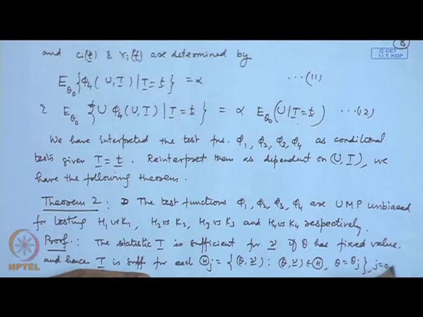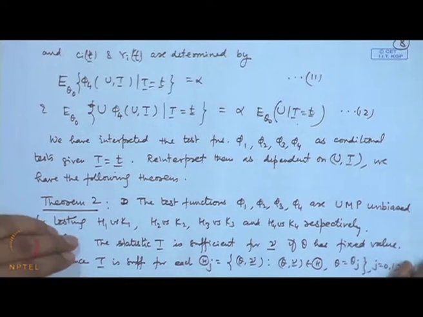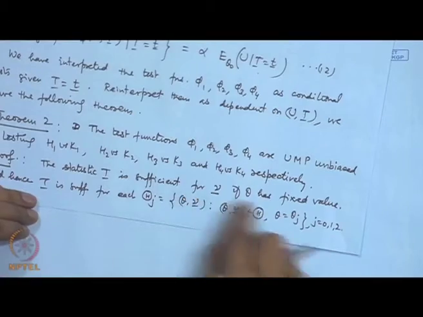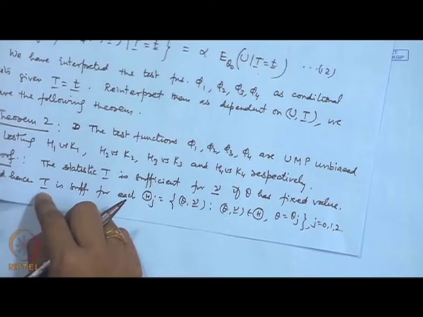So, this is for j equal to 0, 1, 2. Now, these points we have considered because in all these tests we are having the cutoff points in the hypothesis as theta naught, theta 1 and theta 2. So, at least for those points the sufficiency of T is maintained here.